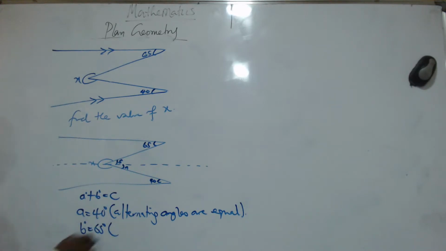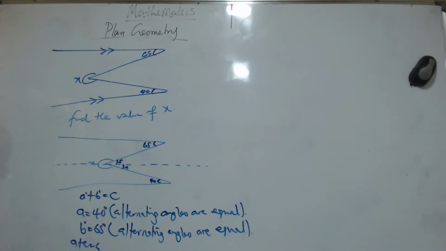They have P equal to 65, also equal. Okay? So now see, A plus B is C. So 40 plus 65 is equal to 105. Okay? So how do we get X?